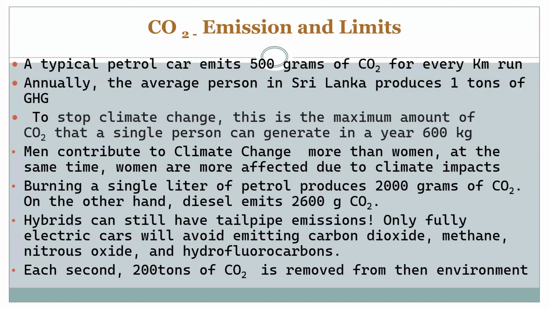This is the average person. Now we are only 1 ton of greenhouse gas, but other countries produce more. The average person in Sri Lanka produces 1 ton. To stop climate change, this is the maximum amount.